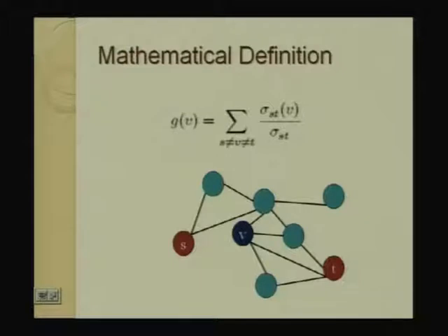To compute all shortest paths between a pair of nodes will take some order V plus E, and you do it for all pairs. There are n square, or rather V square pairs. So it takes order V cube for one node, and you do it for all nodes, it takes V to the power 4. So it's a very expensive algorithm.